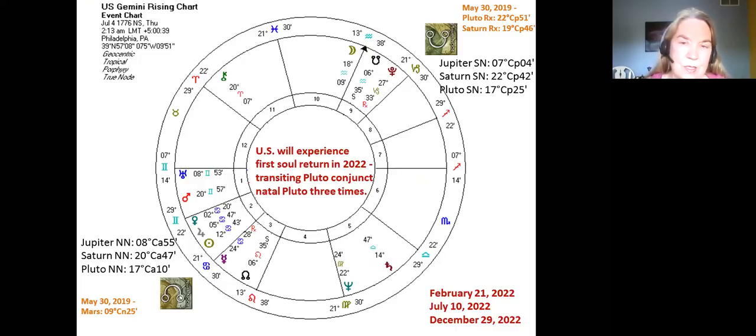If you use the Sagittarius rising Sibley chart, it doesn't matter which 1776 chart you use. But for the United States it's even more intense because transiting Pluto and transiting Saturn are balsamic to our natal Pluto. And so it's intensifying what isn't working anymore.